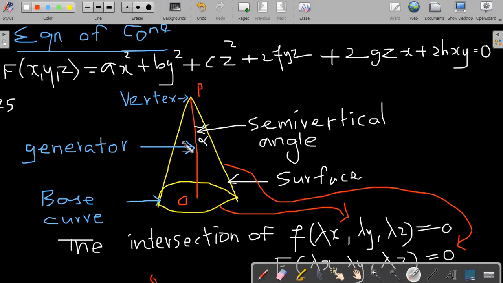These are surfaces, and on these surfaces you have a lot of points: the set of points which satisfy this particular condition.